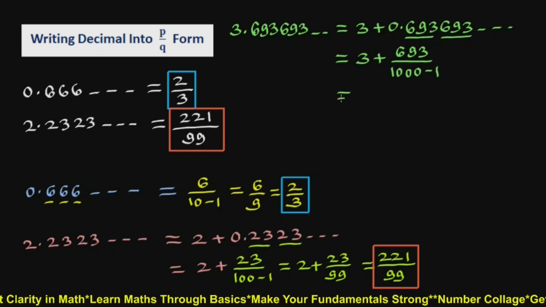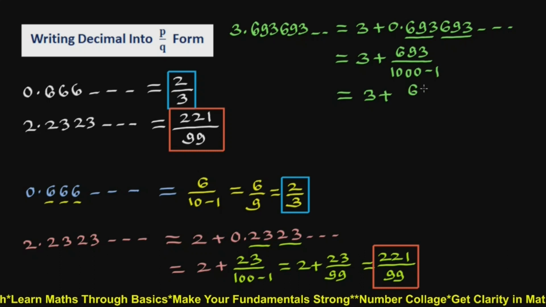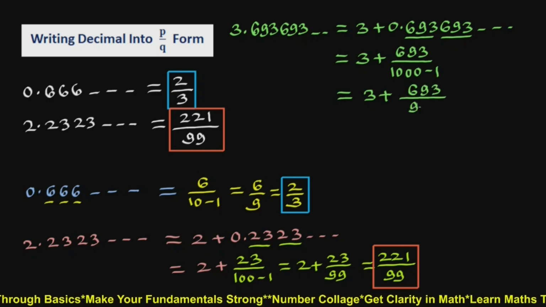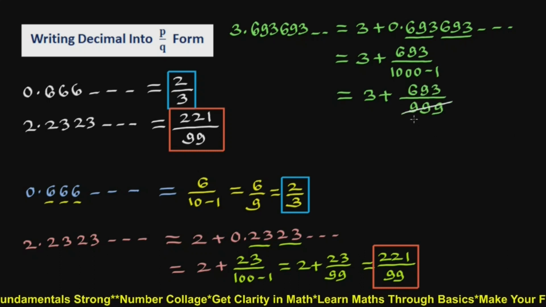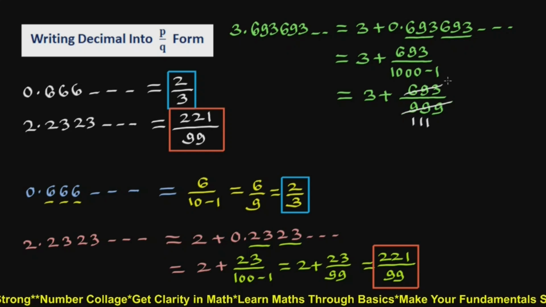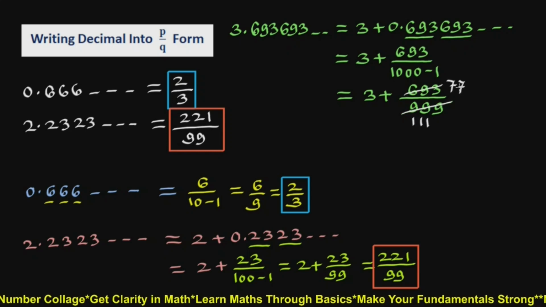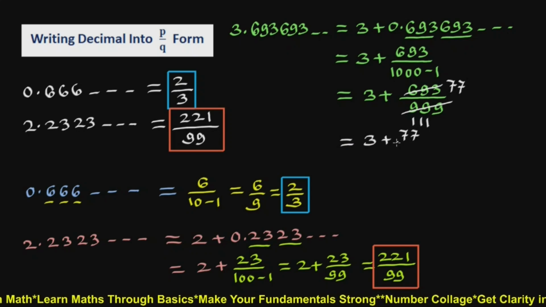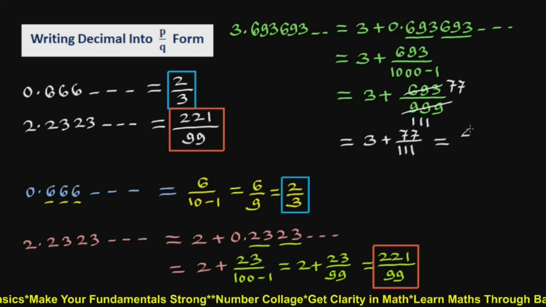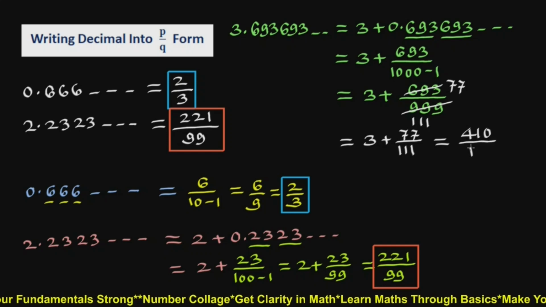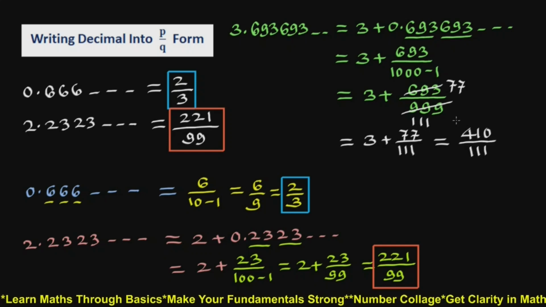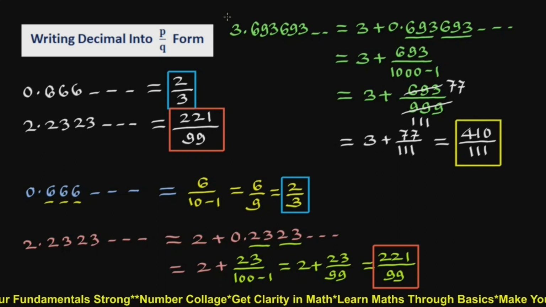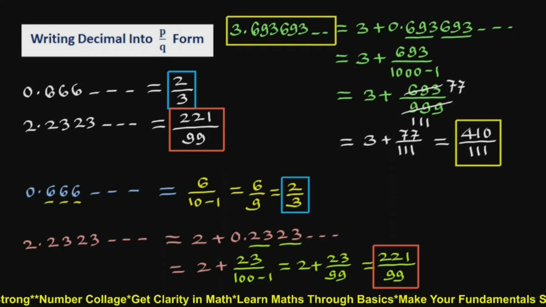That gives 3 plus 693 upon 999, dividing by 9, this will be 111 in the denominator and 77 in the numerator, which is 3 plus 77 upon 111, 410 upon 111. Now this is P upon Q form of non-terminating repeating decimal form.